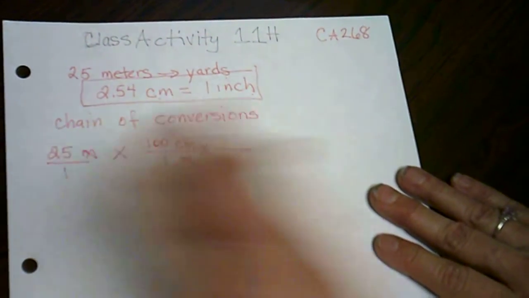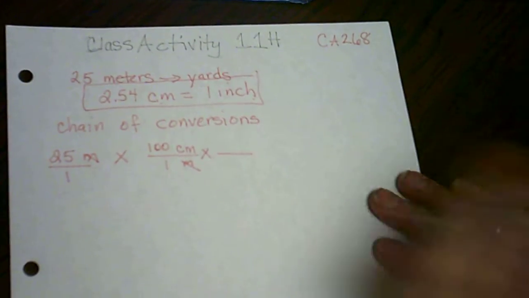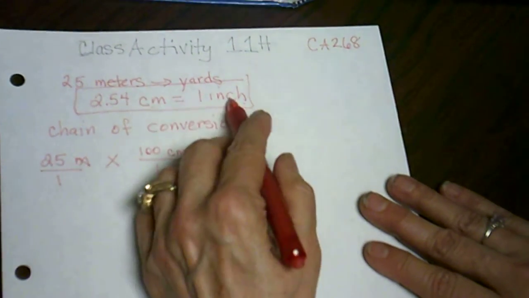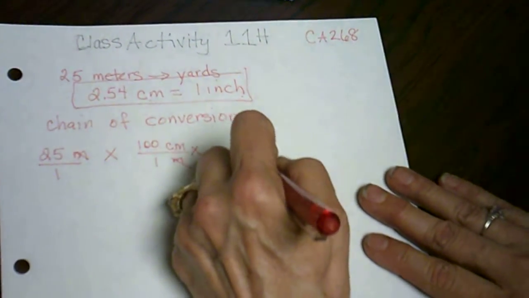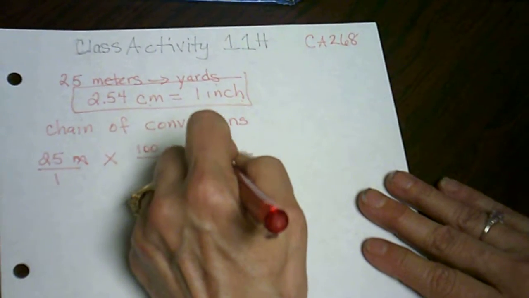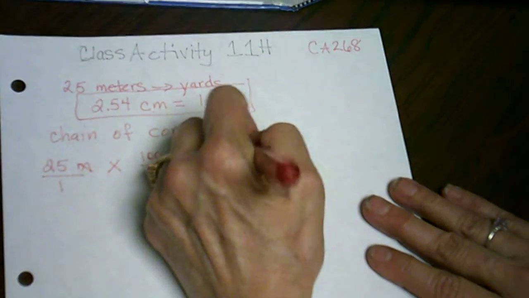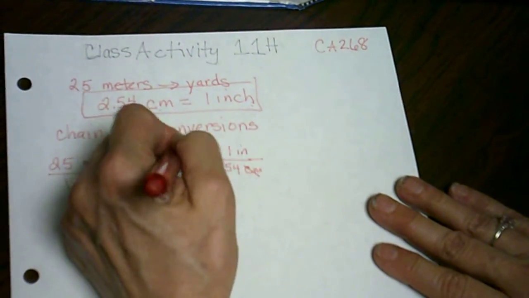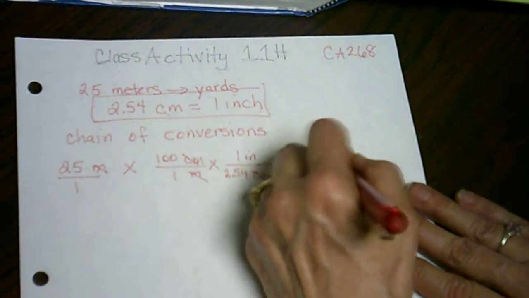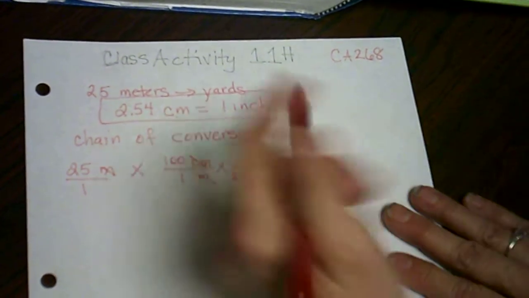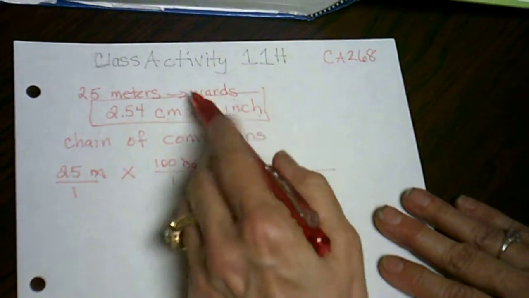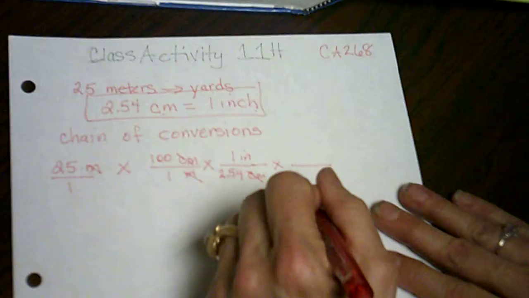All right, next part of the chain. I know that centimeters equals an inch, so I have 2.54 centimeters is 1 inch. Now I can cross my centimeters out. Next part in my conversion, I want to get to yards, so let's go to feet.